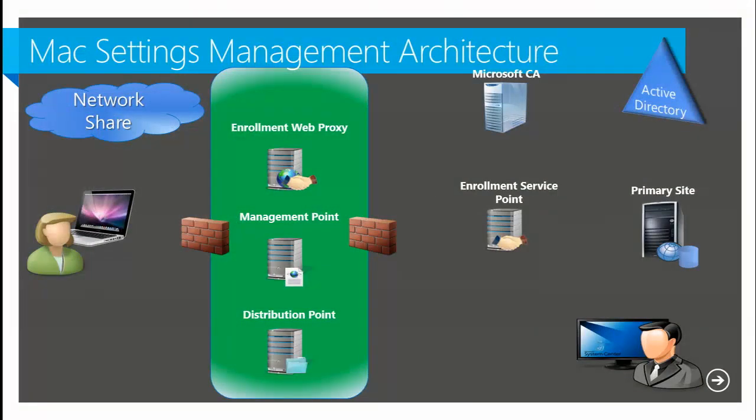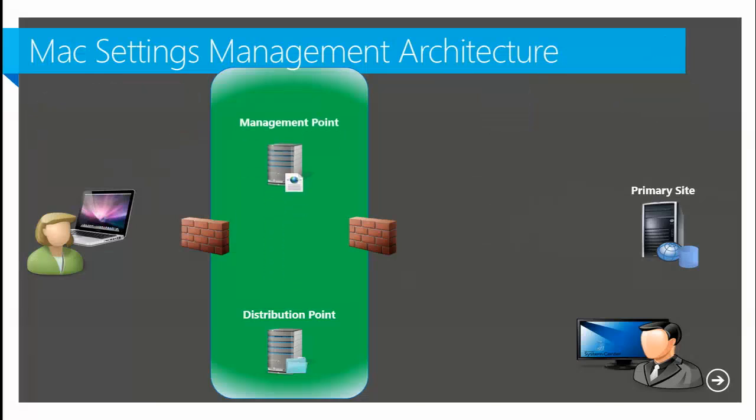So pictorially, this is how settings management works. This is where we left off, after enrollment. We've still got our enrollment web proxy, our enrollment server, etc. on there. Those only are in the picture for the process of enrollment. So once devices are enrolled, those go away, and the client won't ever talk to them again until you need to renew the certificate.